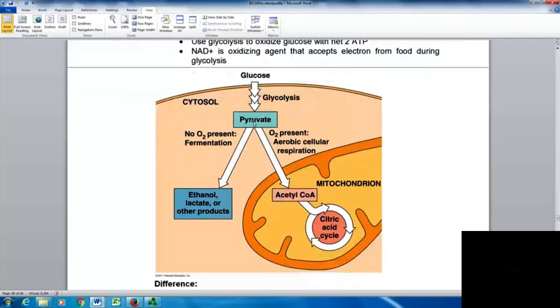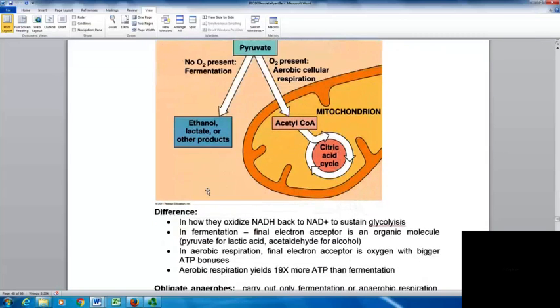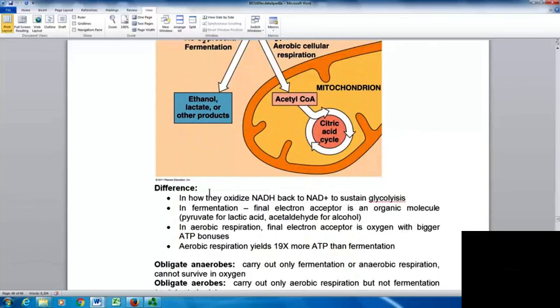So in the comparison here, when you get to pyruvate, it will make its decision based on whether or not oxygen is present. If oxygen is present, it's going to choose to go with aerobic cellular respiration. It's a lot more efficient. If oxygen is not present, it will go with fermentation and make your ethanol, lactate, or other products. The difference is how they get NADH back to NAD+ to sustain glycolysis.